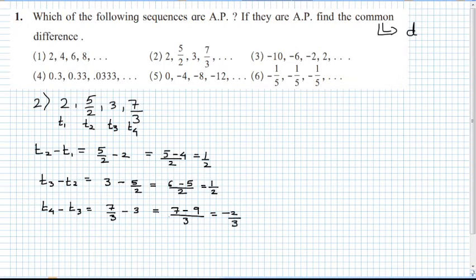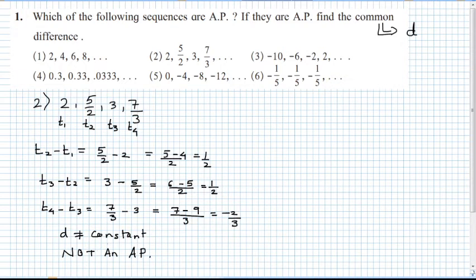Calling these results 1, 2 and 3, we get that d is not constant. If d is not constant, it is not an AP.